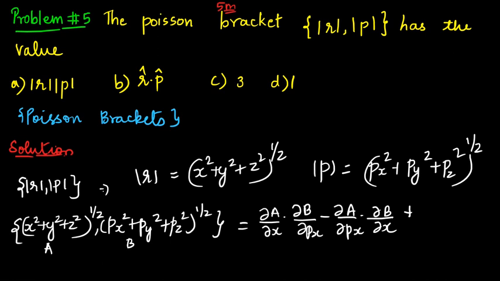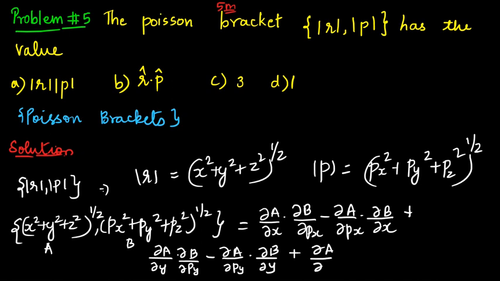Similarly for other terms, dou A by dou y dot dou B by dou py minus dou A by dou py dot dou B by dou y. Again, dou A by dou z dot dou B by dou pz minus dou A by dou pz dot dou B by dou z. So I hope you get this formula.